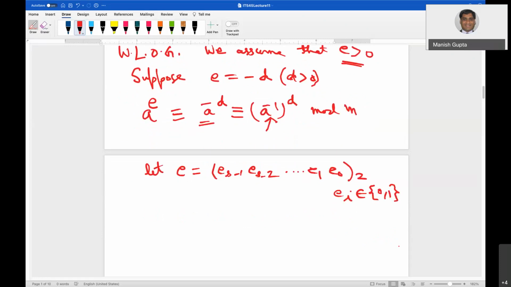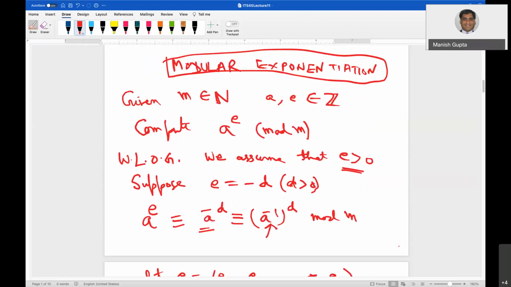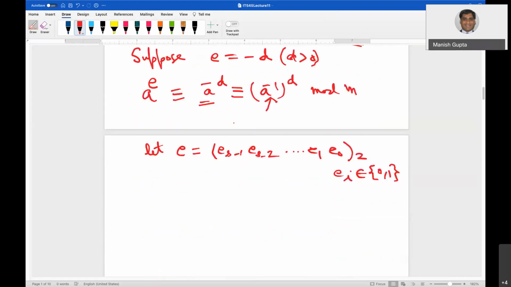Now, this is our actual exponent. So basically what we are doing, if we have to compute a raised to power E, I am just writing E as a binary exponent. So write down the binary representation of E and see, can we use this technique depending upon whether the bit of E is either 0 or 1, we can do certain calculations. So the raise to the power can be simplified.